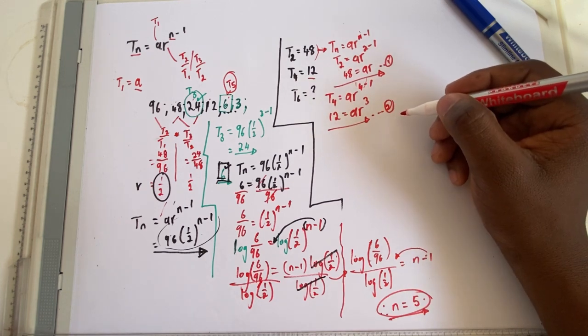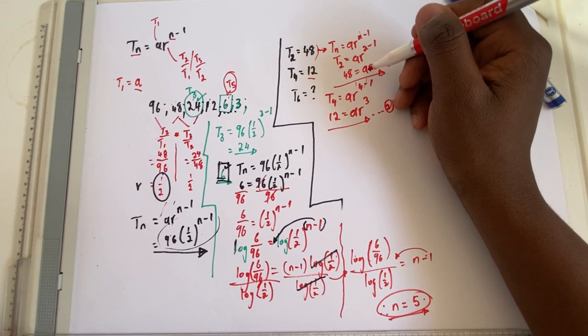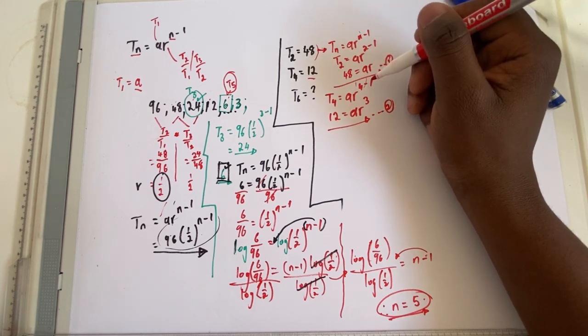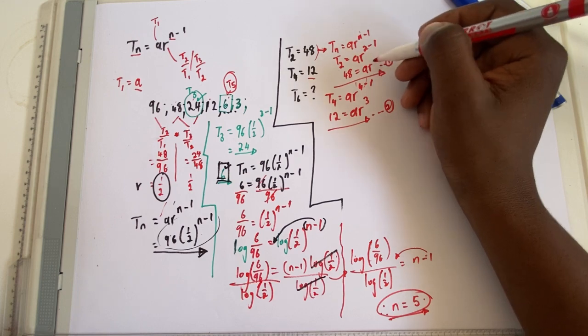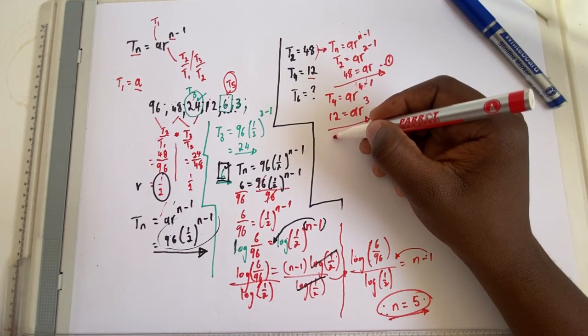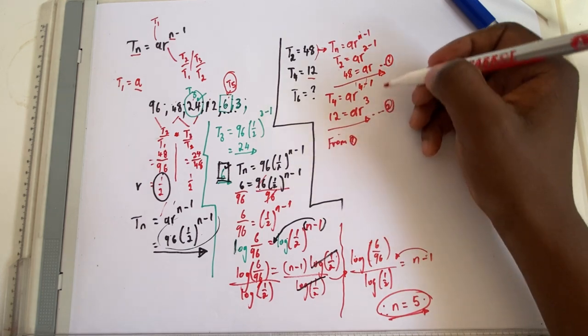Then I can take any equation that I want to make either r or a the subject of the formula. I choose to make a the subject of the formula from equation number 1. So from equation 1, I'm going to make equation 3.